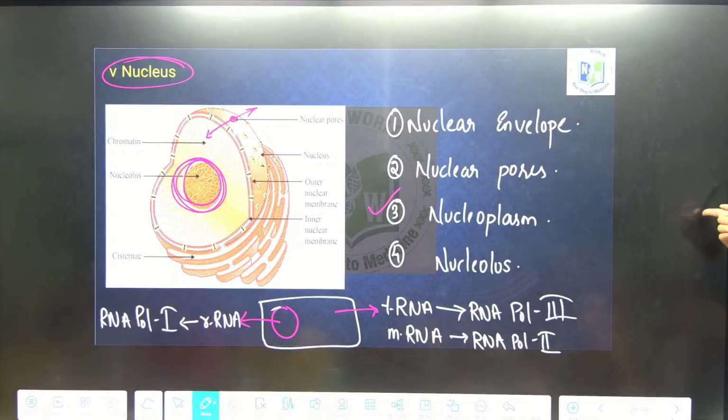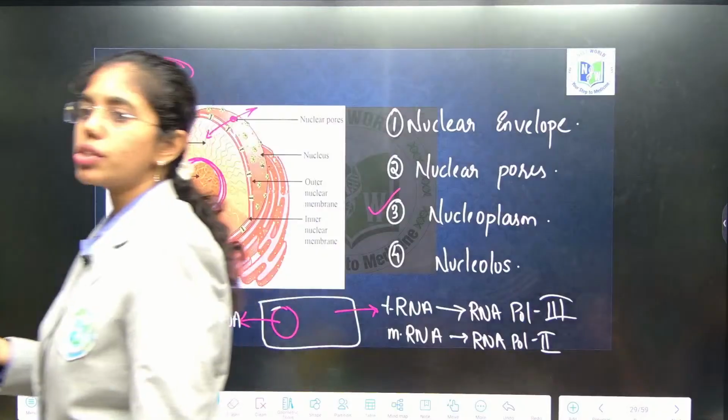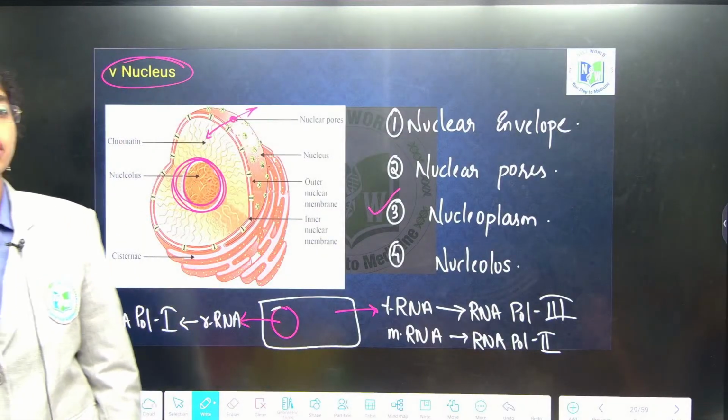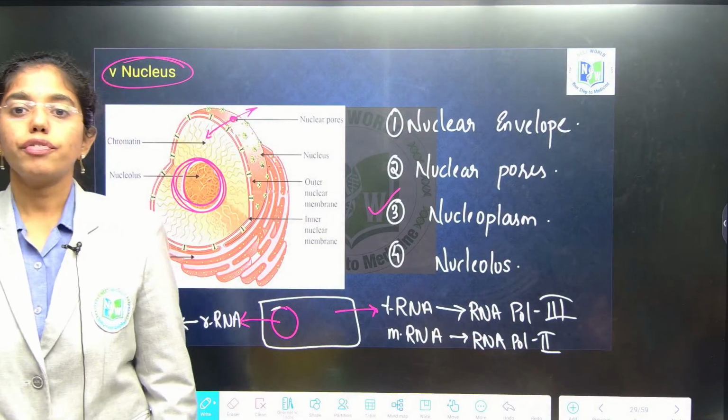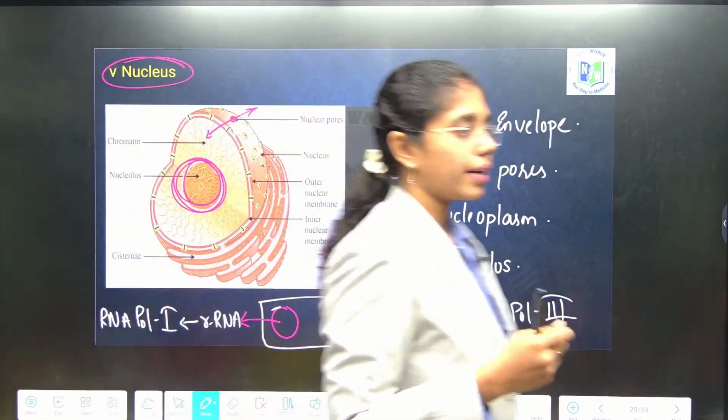Now we will look into the components of chromosome also. Once this is clear, I will tell you. I already told you, nucleus number may vary with different cells. If you consider sieve tube cells, mature RBC cells, there is no nucleus. If you consider opalina cells, multinucleated.